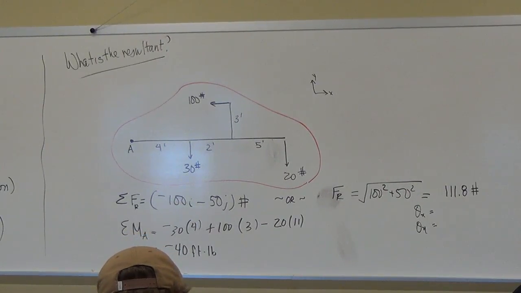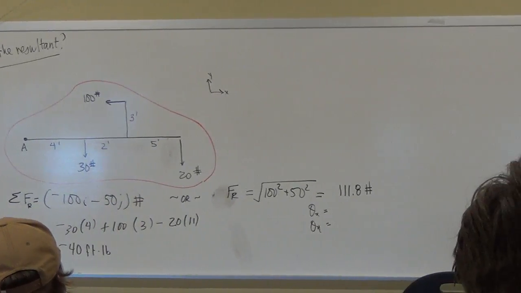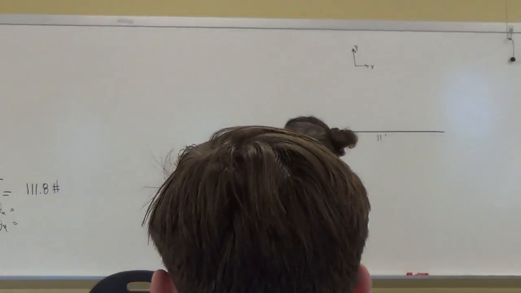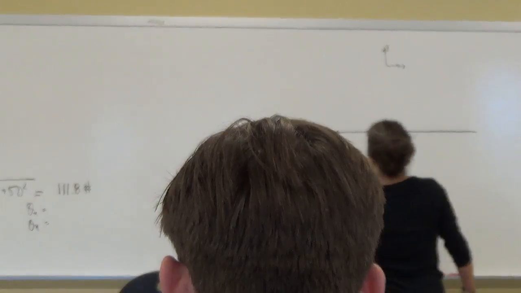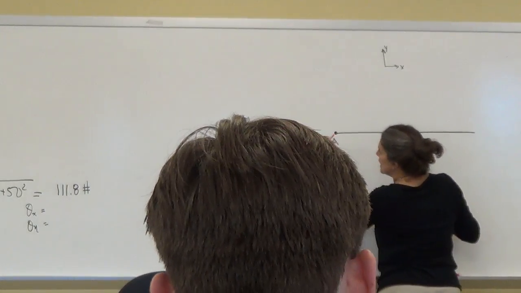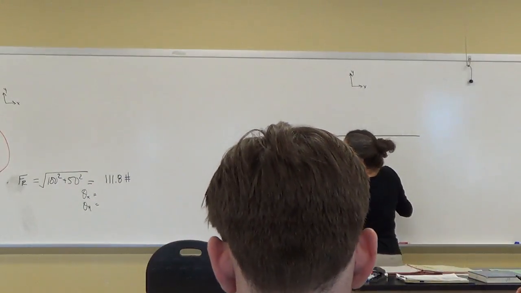If I took that force of negative 100i minus 50j, show me with your arm which direction this force is going in. It's going down here, right? If I took it and I put the force here, and what is that force?